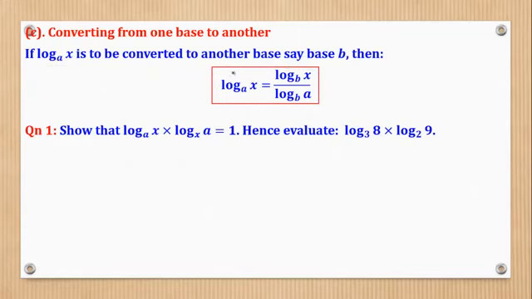How does it come about? To change this to base b, log of this base b will be the numerator and log of this base b will be the denominator. As simple as that. Numerator is log of x base b, denominator is log of a base b, and that will be the answer. That's how they convert.